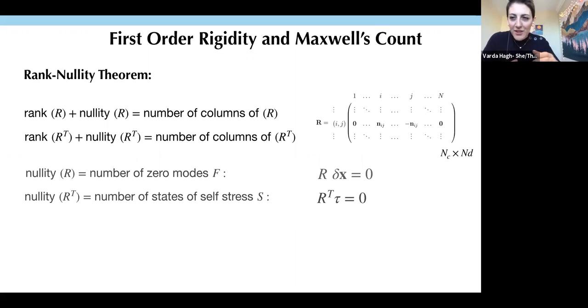So states of self-stress are all the ways in which you can put forces on the bonds, or forces on the overlapping particles, without changing the force balance on the particles themselves.